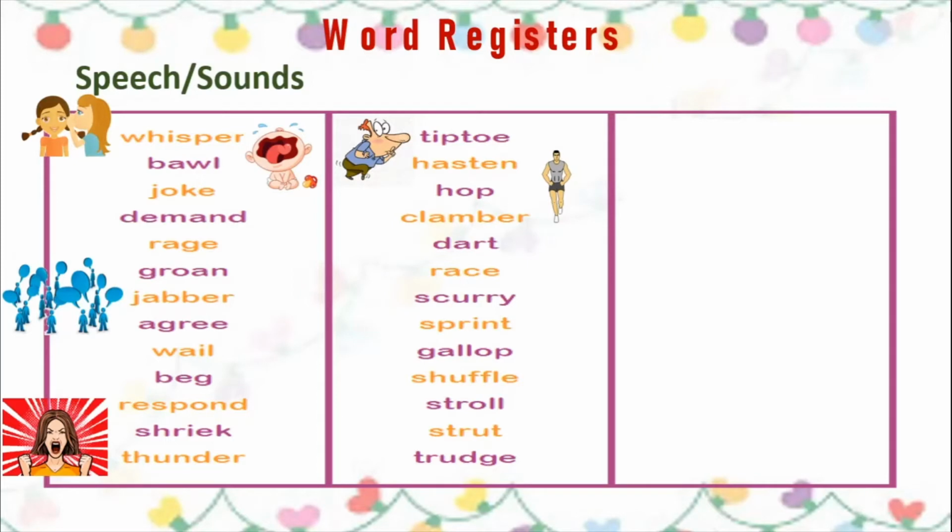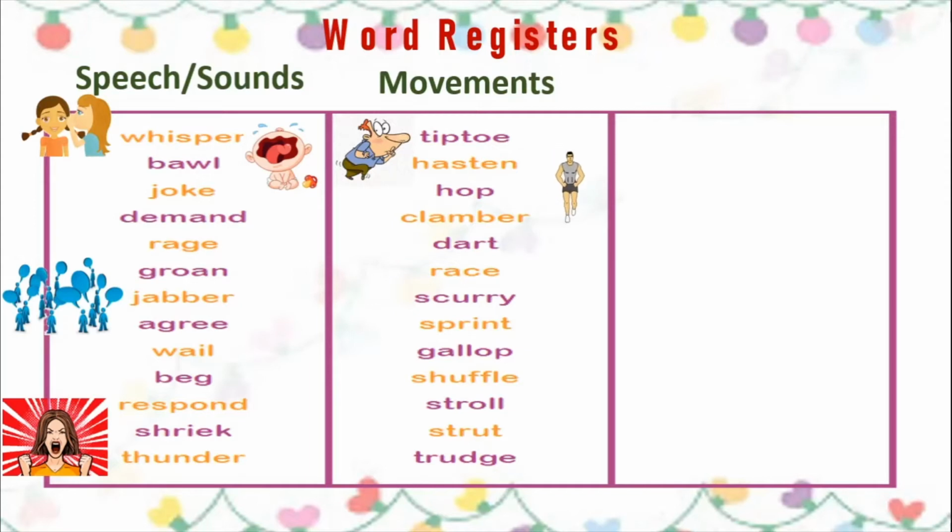And then there are other words like scurry. Scurry means, we say the rat scurried off, so it ran away hurriedly. Sprinting means again running. Galloping means the run of a horse. So these are all words related to movements. So if someone tells you to make a word register of movements, bodily movements.